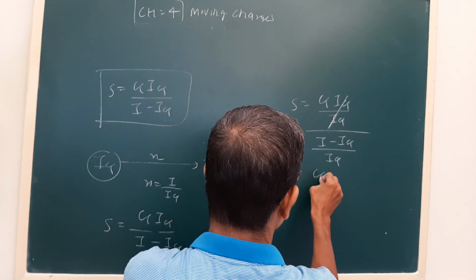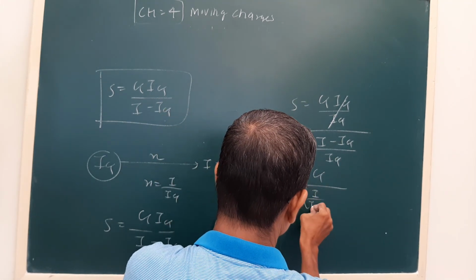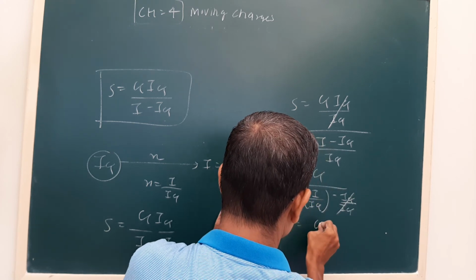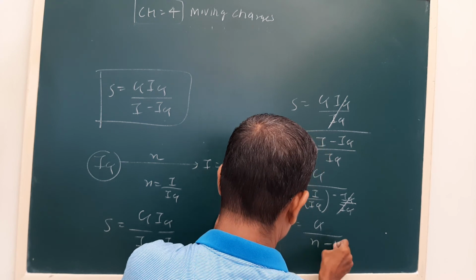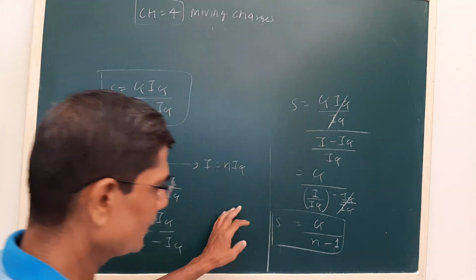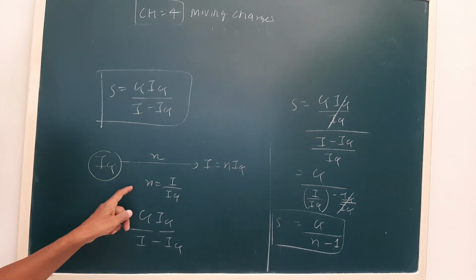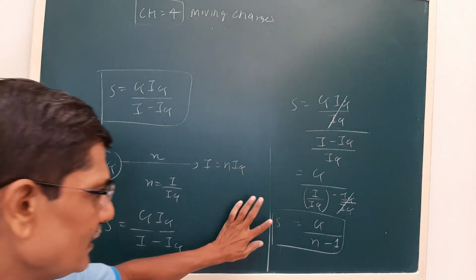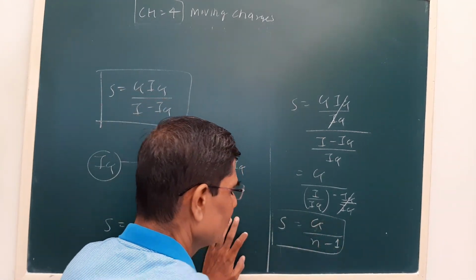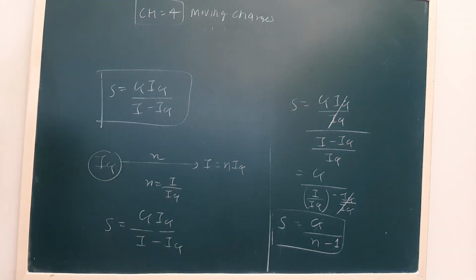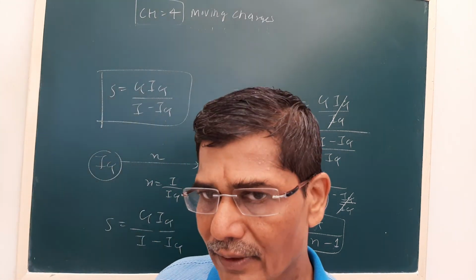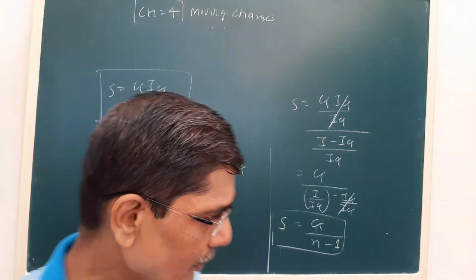So it will be G, and this will be I upon Ig minus 1, and I upon Ig is n. So the equation of the shunt in terms of range n will become S is equal to G upon n minus 1. So this is how we can derive the formula of the shunt. As I told, the shunt is a small value resistance connected parallel to the galvanometer to convert it into an ammeter.